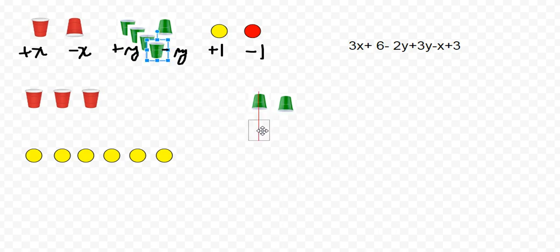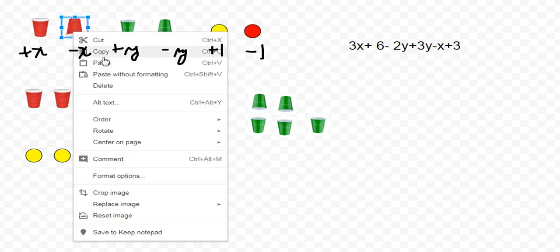So here we go, 3 positive y cups. Okay. A negative x, so I need an upside down red cup.